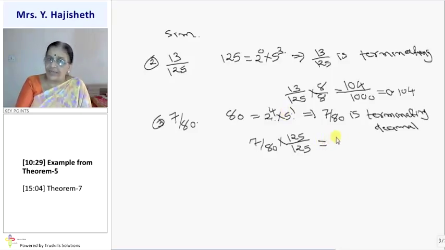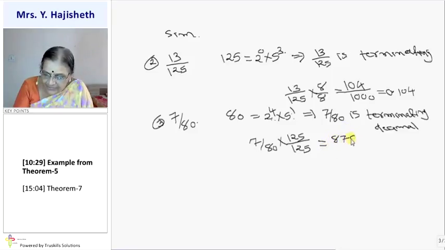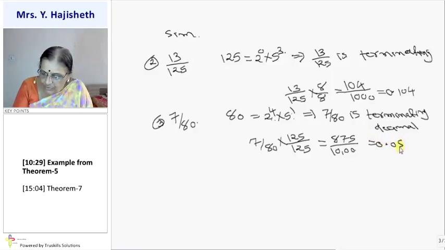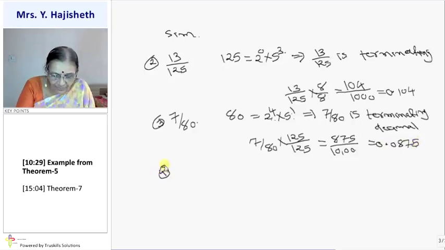Rationalization matlab both n and d should be multiplied. Then and then equality is balanced. 125 into 7 is 875 upon 10,000. So it is 0.0875. Clear?